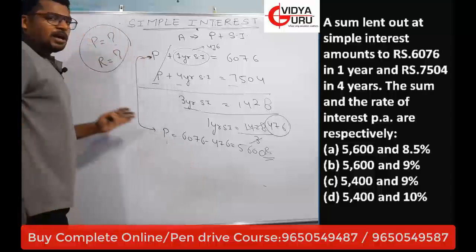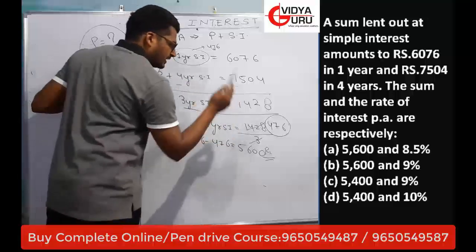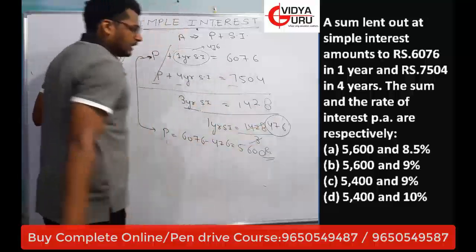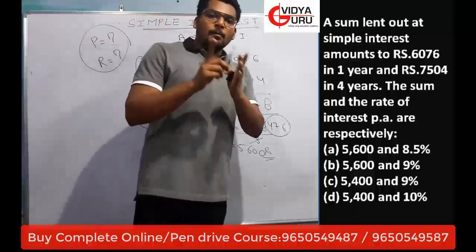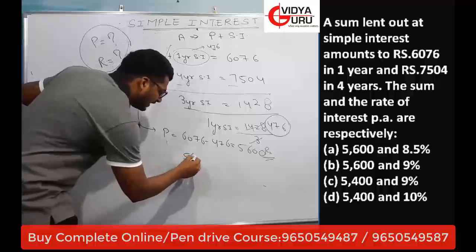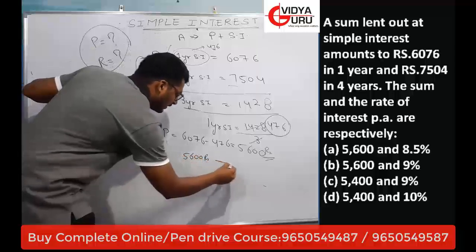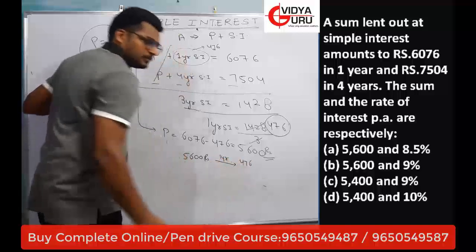You can apply the formula or we can also find it without applying the formula. On 5600 rupees, SI for 1 year is 476 rupees. I have told you rate is nothing but the amount paid on 100 rupees in 1 year. On 5600 rupees, interest paid for 1 year is 476 rupees.